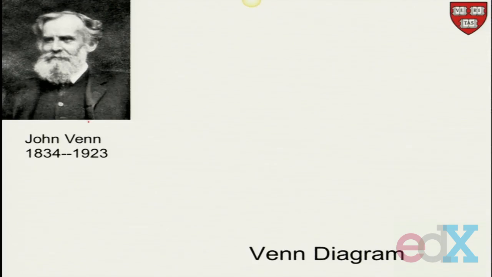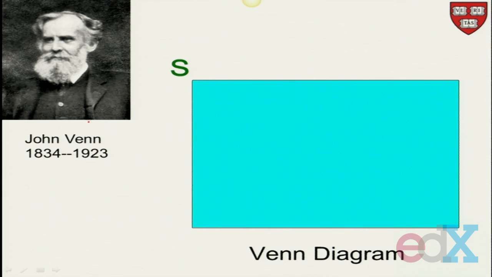To help us in thinking about events and putting events together and probability of events, John Venn, a philosopher, came up with this idea of a Venn diagram. And a Venn diagram is as follows. You start off with the whole space S. So this is everything.